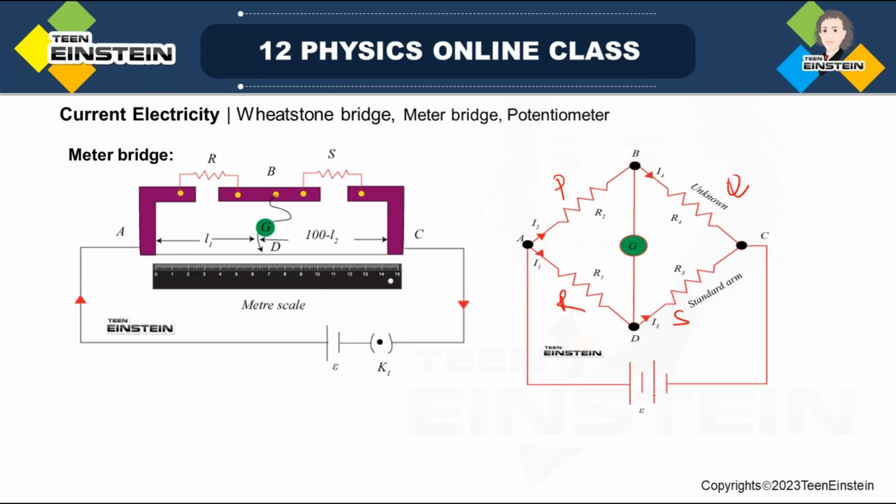Between A and C, this cell is there. Now we have to see what was between A and B. Between A and B there was P. So here P is equal to R. Between B and C, what was there? There was Q. So Q is here actually your S. Now similarly we have to see what is R and what is S.